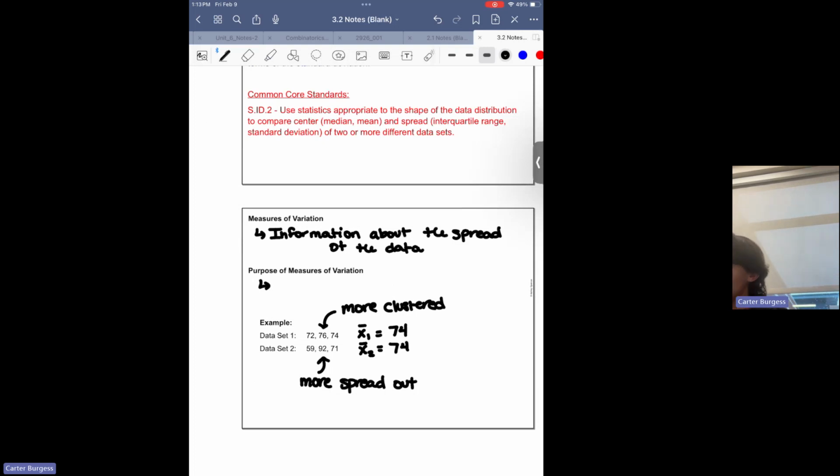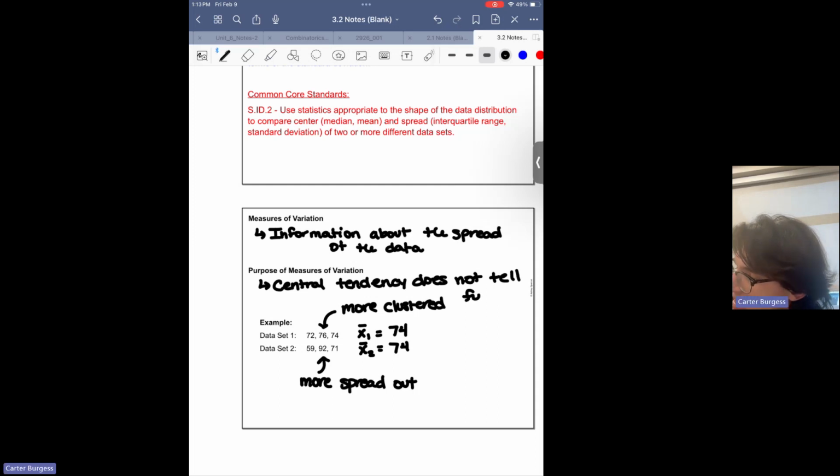The central tendency may not tell the full story.